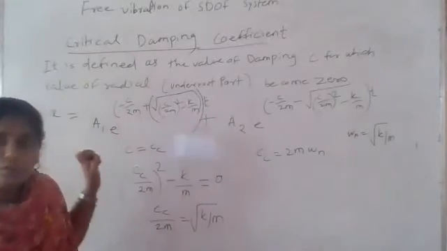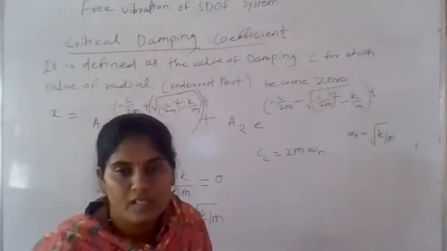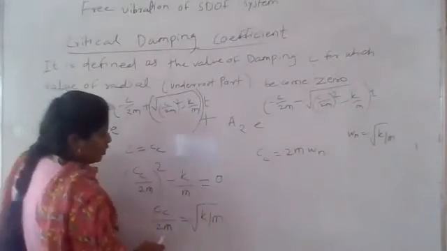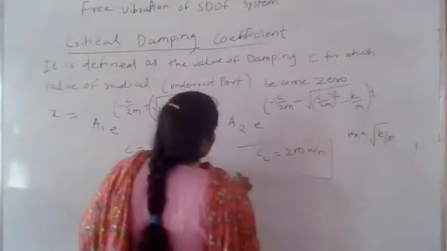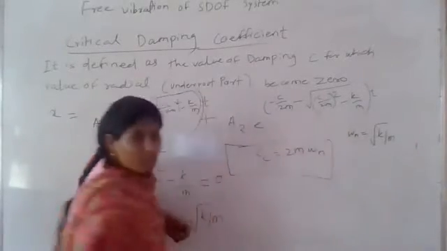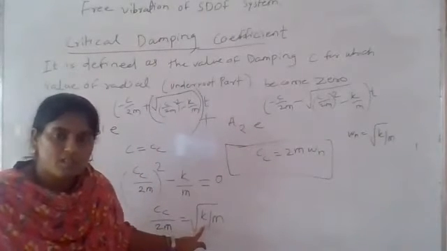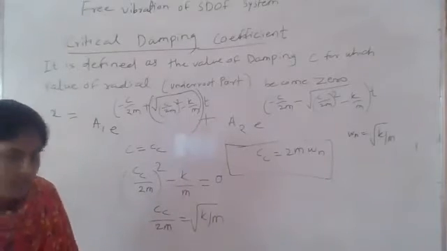And what is meant by the root of k by m? K by m is nothing but the natural frequency, omega n. And from this we get directly Cc is equal to twice m omega n. This twice m into the root of k by m is nothing but omega n. Okay. So all of you write down this.